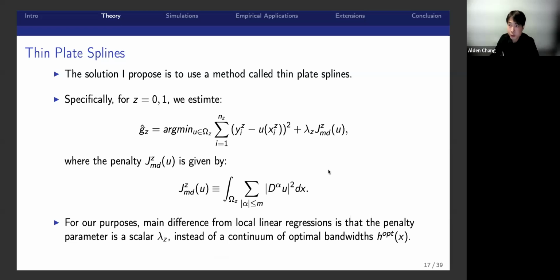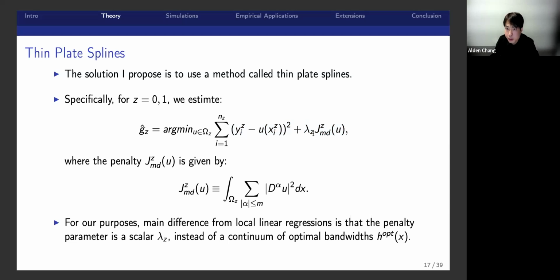So the solution I propose is to use another non-parametric estimator called thin plate splines. And here I have a definition of thin plate splines. Basically, it's the function that minimizes this quantity, which is a combination of the squared loss as well as a penalty term.